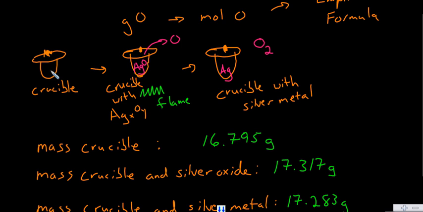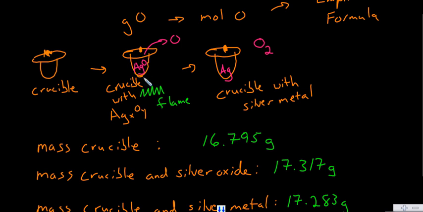Now, if you put silver oxide in it, you're able to heat it to the extent that oxygen evolves off. So that oxygen is left as a gas and silver remains as a solid within the crucible. And so by heating the silver oxide within the crucible, you're able to separate the silver from the oxygen and then determine the mass of each one.